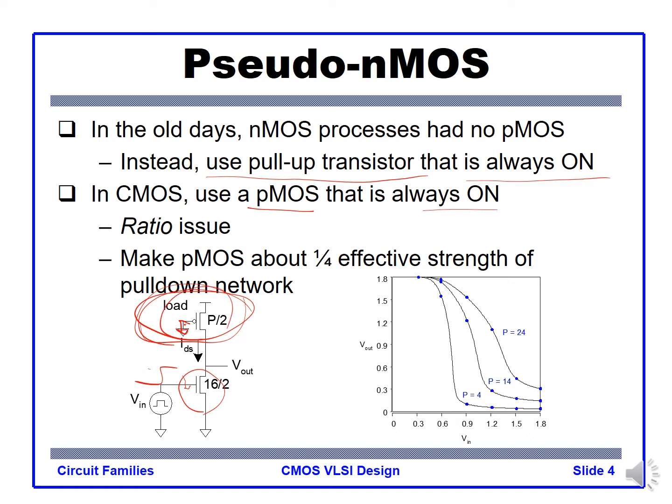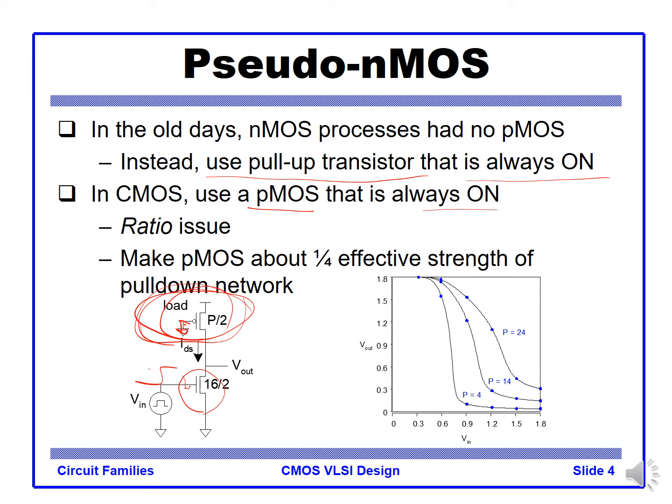So the NMOS device strength needs to be greater than the PMOS, so that it can overcome the pull-up strength provided by the PMOS. So we have to size the NMOS a lot greater than the PMOS shown here.